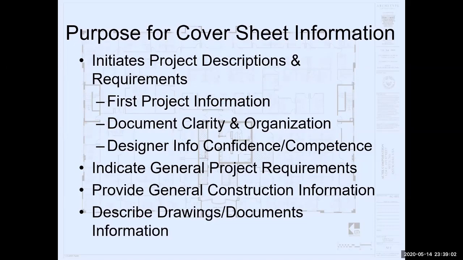Since it is the first project information, it is important that we be clear and organized in how we provide that information. And what you're going to find in the assignment tonight and in the example that I give you is a really generic form of this information.